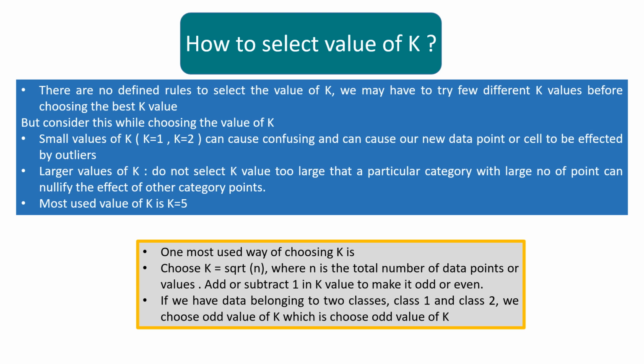Here we can see our equation as well. I can write over here that k should be equal to the square root of n. Now what is n? n is the number of data points, the values that are made available from the feature vector. So we are going to use that value.